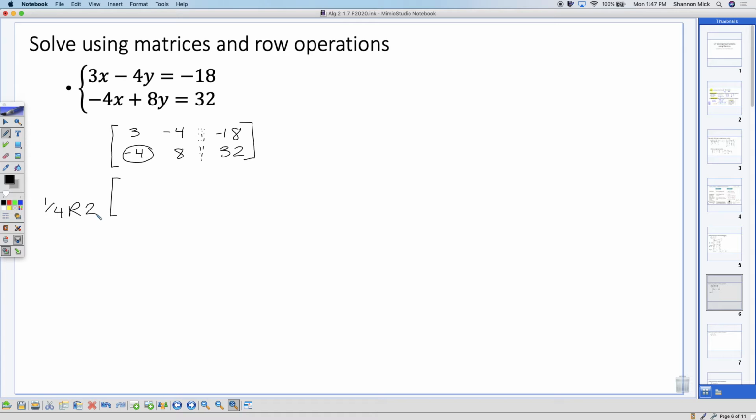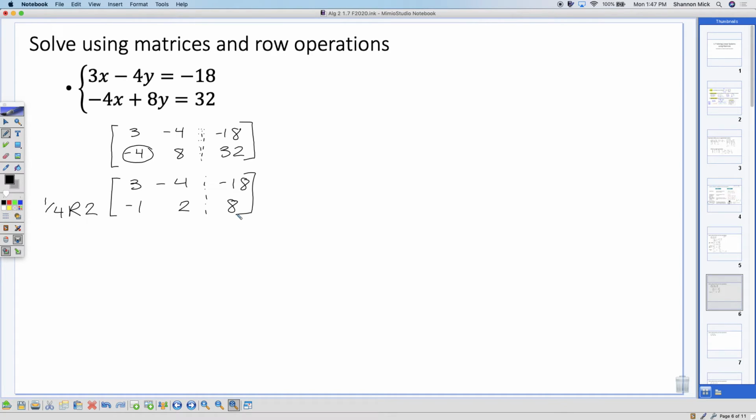You could do 3 and 4, multiply both rows, but this will make it easier. I always look to reduce. So 3, negative 4, negative 18, and so then I get negative 1, 2, and 8. Okay, so that might be a little easier to get rid of.